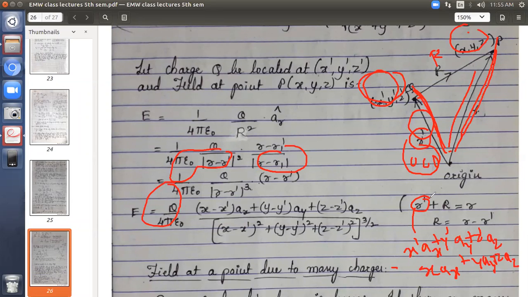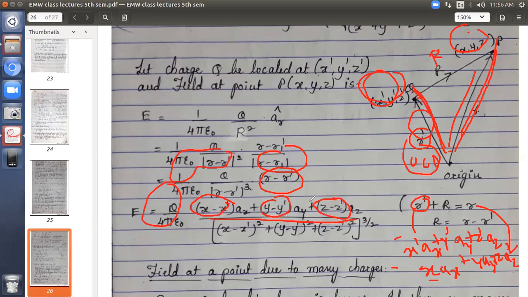These two vectors, r dash and r. Once you calculate, subtract them. If you subtract r minus r dash, it is x minus x dash ax, y minus y dash ay, z minus z dash az in the numerator, which is what I have written here.